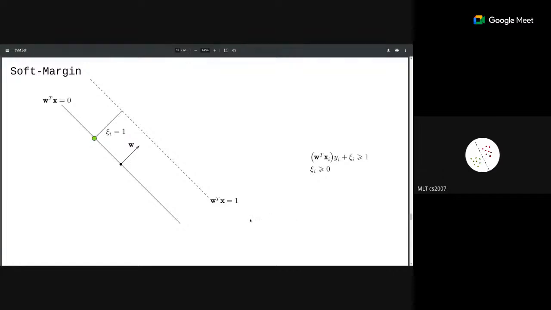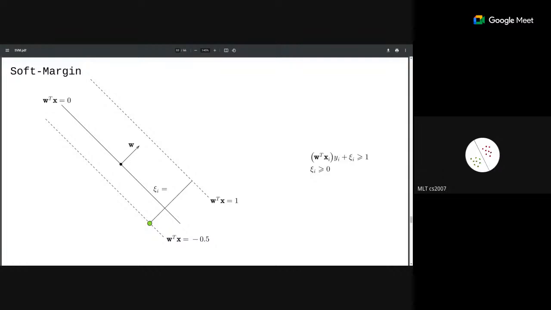If you want to call it distance, it should be 1 by norm W, the distance between these two lines. Right, you are correct. So the actual distance is 1 by norm W, but we are just rescaling it to equal 1.